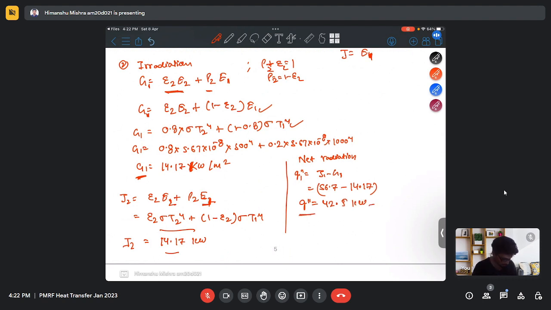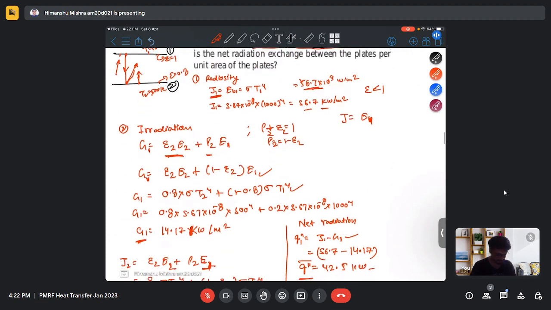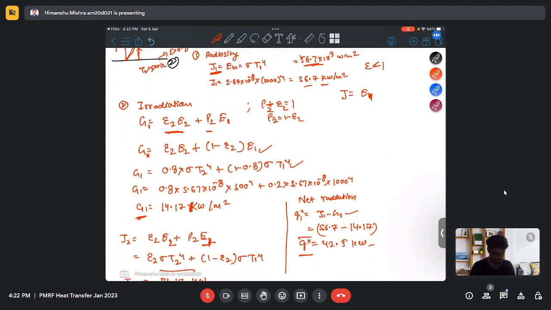So we found the net radiation, which is the difference between radiosity and irradiation. And we found the radiosity and irradiation at surface 1 and radiosity at surface 2.